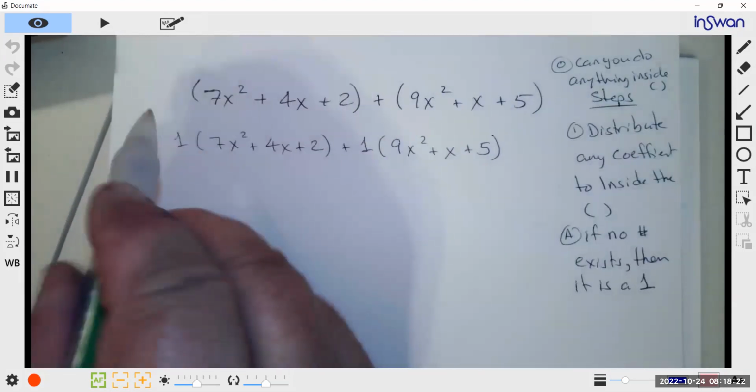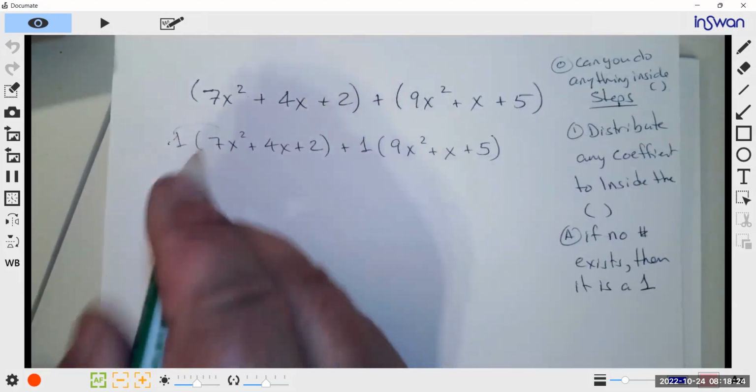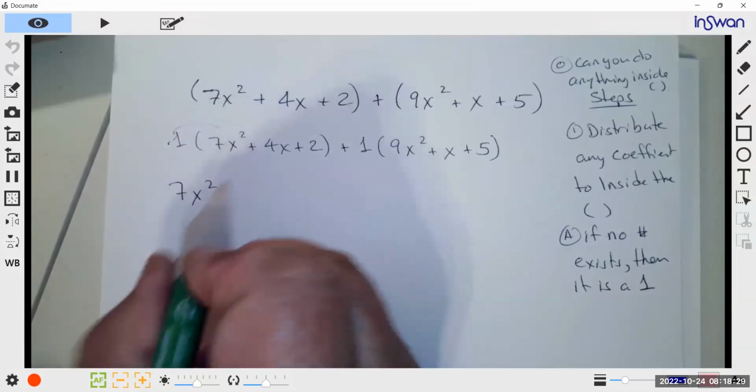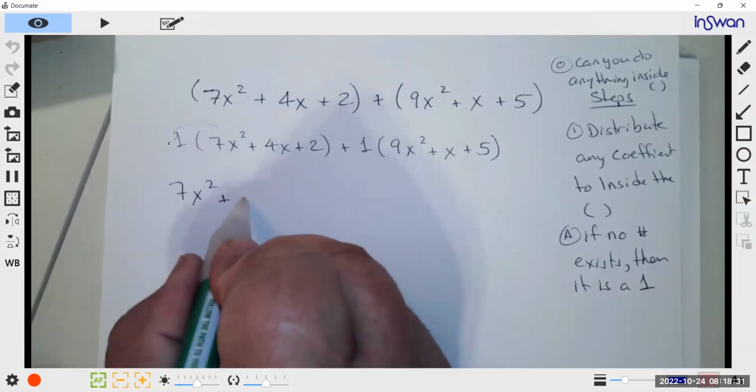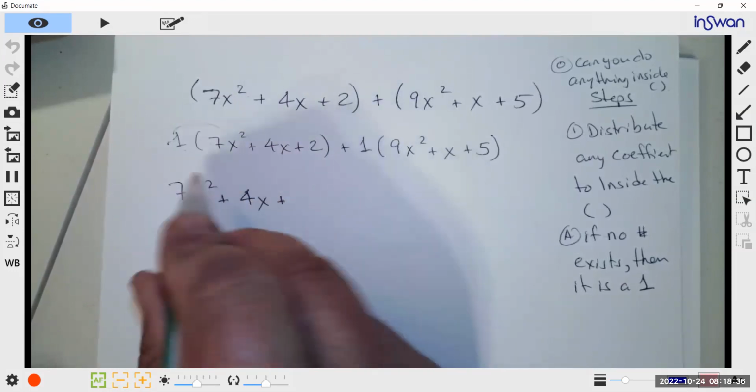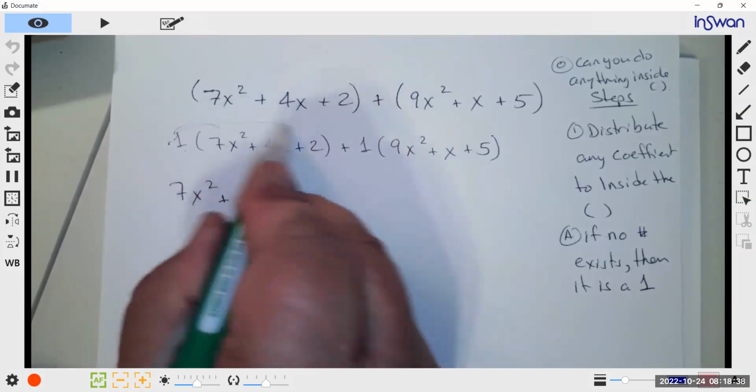So I distribute. Positive, positive is positive. 1 times 7 is 7, x squared. Positive times positive is positive. 1 times 4 is 4x. Positive times positive is positive. 1 times 2 is 2.